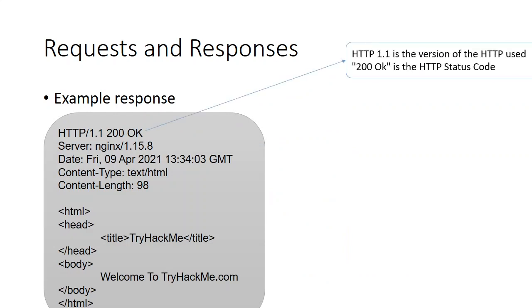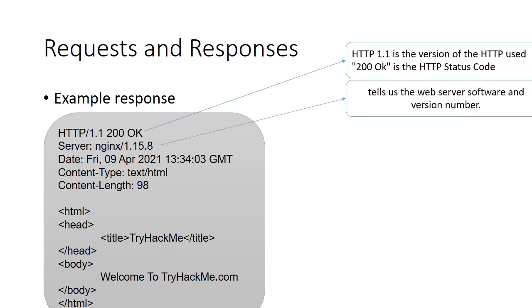So breaking it down, the first line says that it's HTTP 1.1, the version of HTTP that is used, and the 200 OK is the HTTP status code, and in this case that means that the request has completed successfully. We're gonna see more HTTP status codes later.